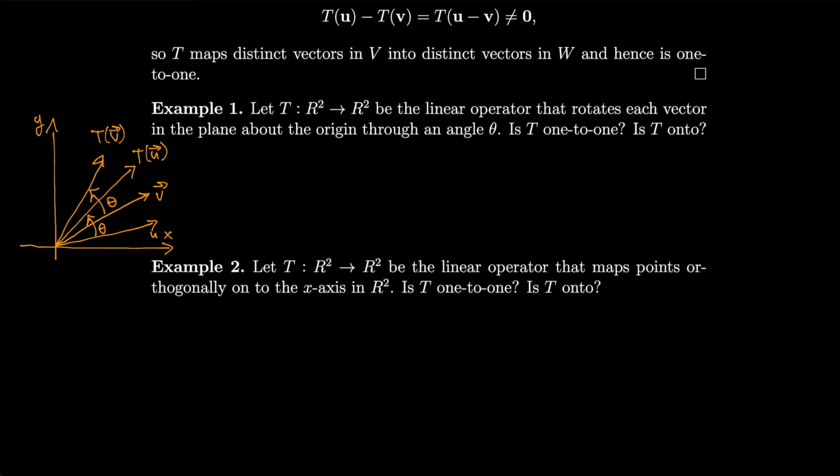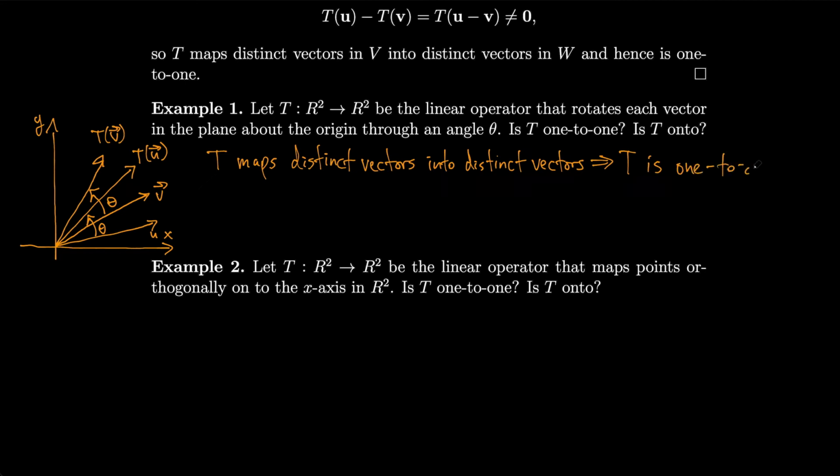So I think it's pretty clear from our picture that T does in fact map distinct vectors into distinct vectors. If U and V are different, TU and TV will be different. So that means that T is one-to-one.